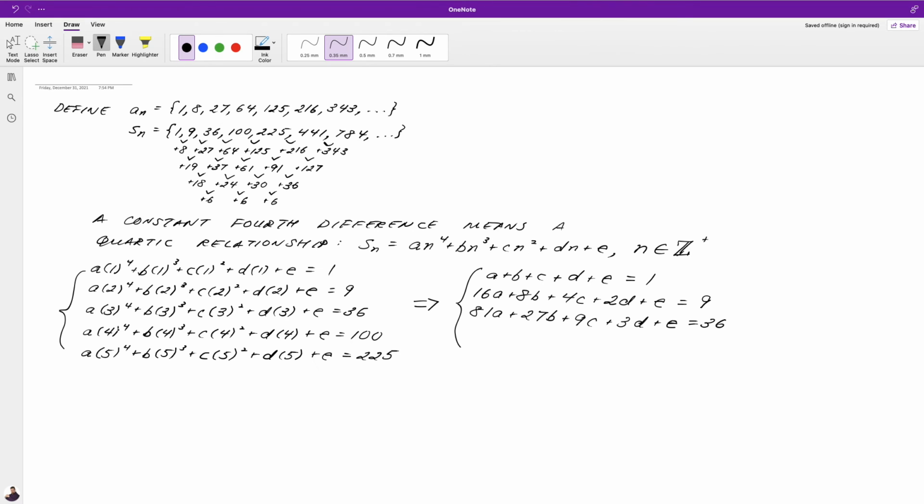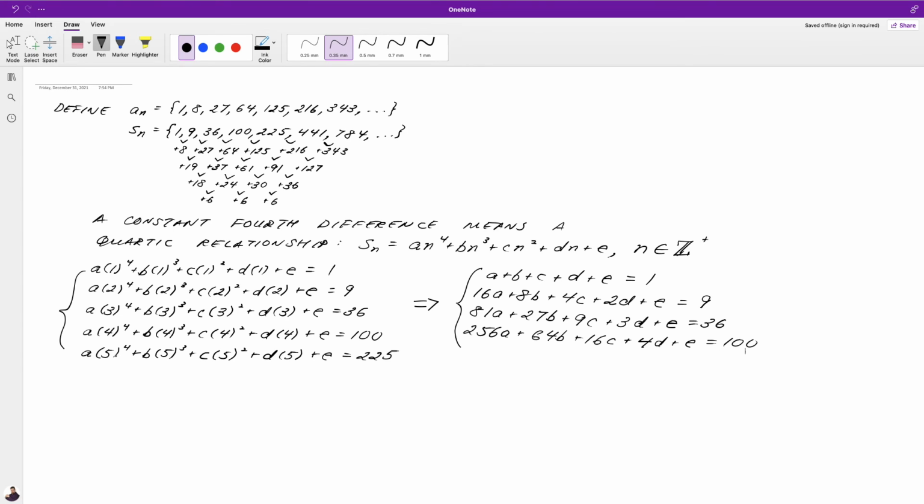Okay, 4 to the power 4 is 256. So we have 256a plus 64b, okay, plus 16c plus 4d plus e is equal to 100.